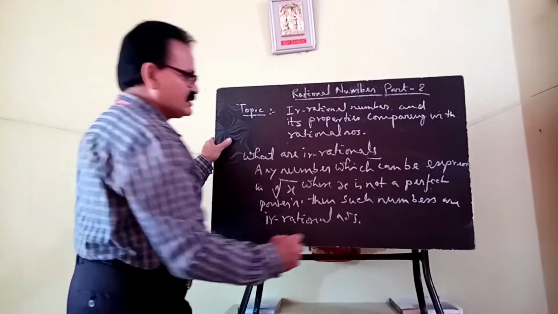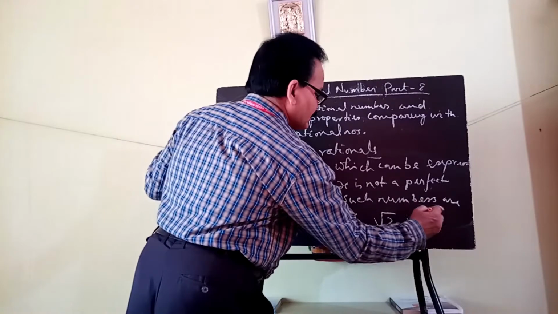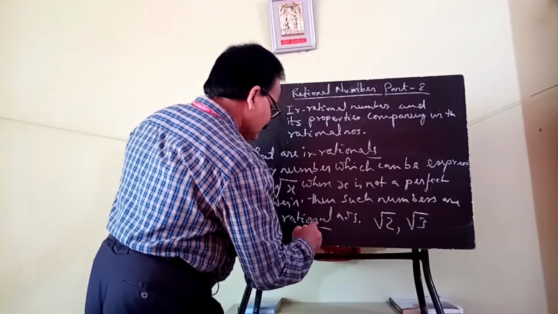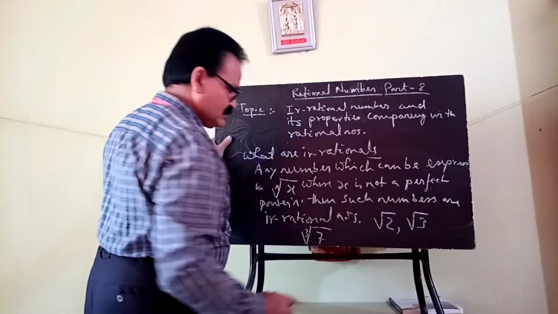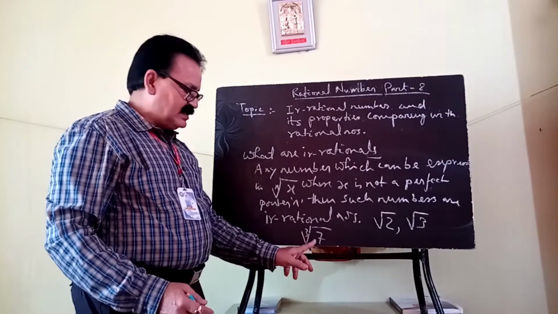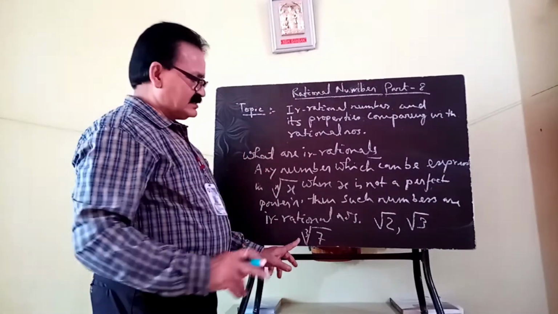As for example, square root of 2, square root of 3, cube root of 7. Because 7 is not a cubical number, the cube root of 7 is an irrational number.